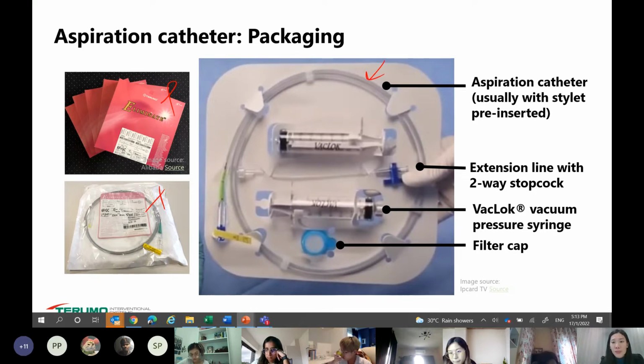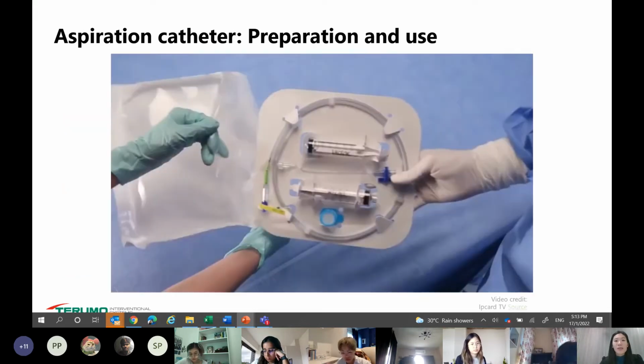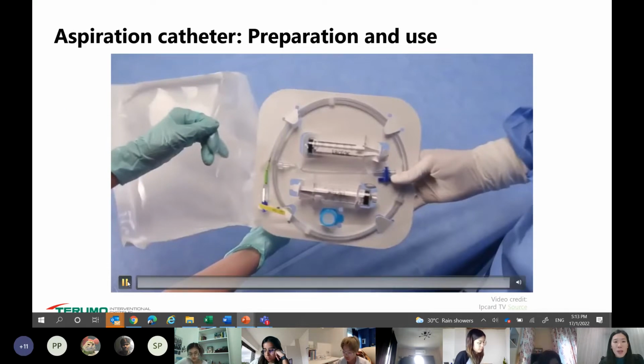It has this vacuum pressure syringe also, which you pull back so that you can suck up the blood clot. And you have this filter cap: once you suck out the blood clot, you empty the content of the syringe into this filter cap and you can observe the blood clot. So let's take a look at the preparation and use of this device.